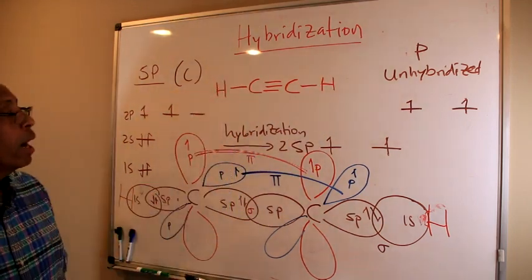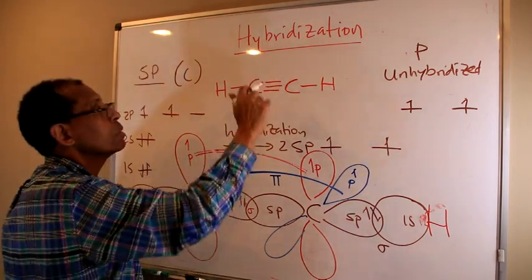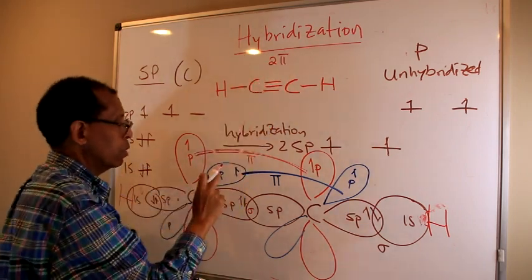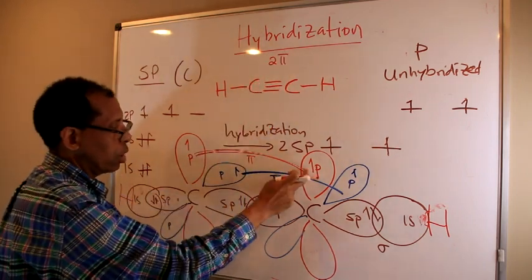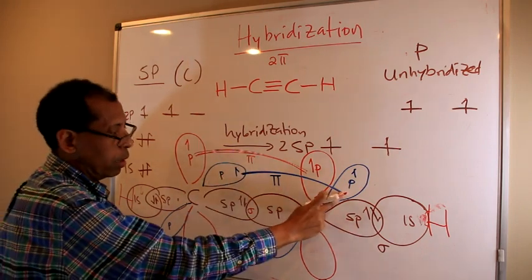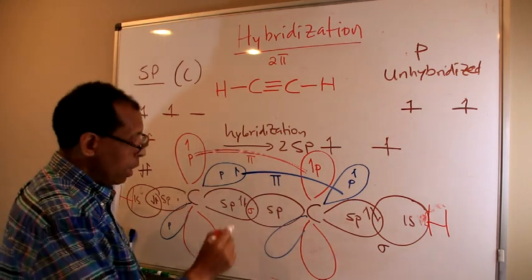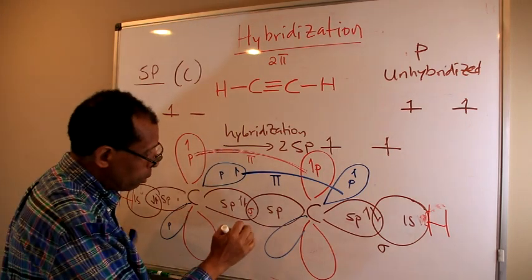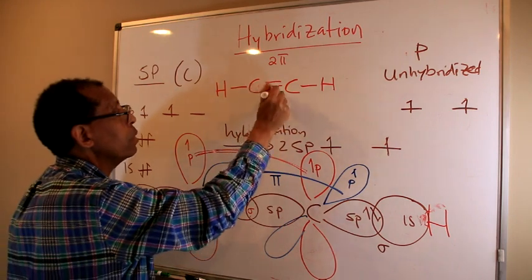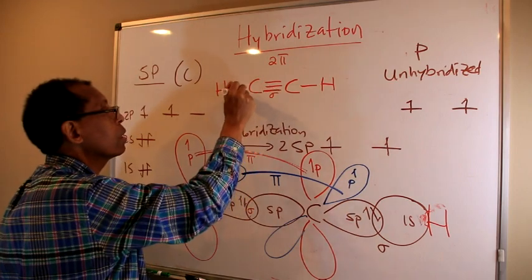So if we were to account, we have 2 pi bonds, right? Because this p-p interaction gives you 1 pi bond. This p interacting with another p gives you the second pi bond, and the hybrid sigma bond here, and this is another sigma bond, and this is another sigma bond.